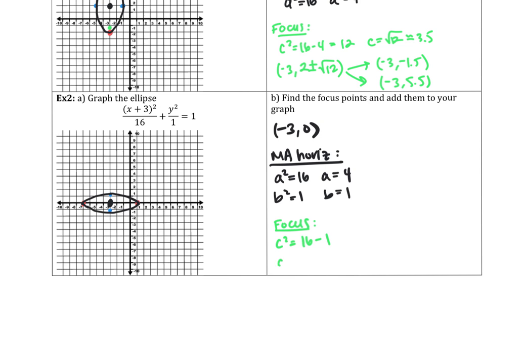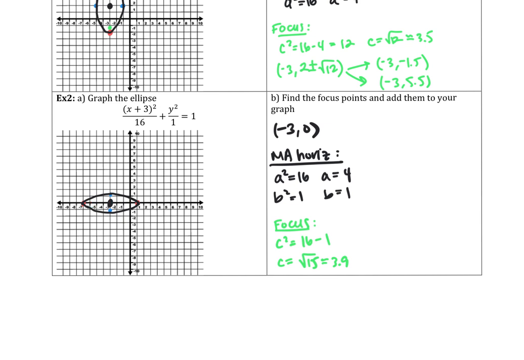So c is equal to the square root of 15, and the square root of 15 is approximately 3.9.